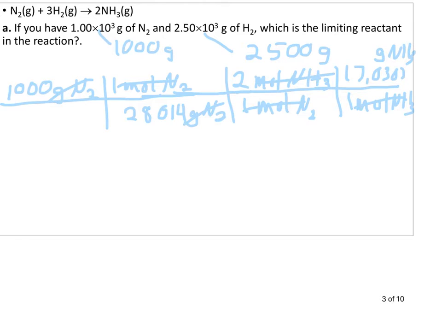Moles of ammonia cancel moles of ammonia. Go through our multiplication and division. And we find that we have 1,216 grams of ammonia.